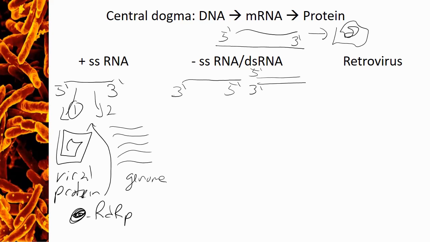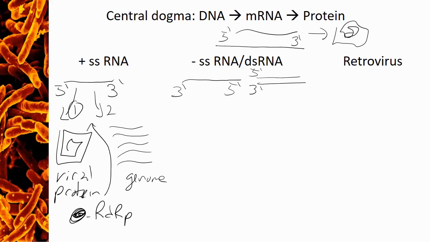However, in either negative sense or double-stranded RNA, that can't happen because these do not look like messenger RNA, and our cell has no idea what to do with them. So negative sense RNA and double-stranded RNA do not exist in our cells, which means if those genomes get in, they would just sit there until they got degraded and nothing would ever happen, so the virus would never replicate.